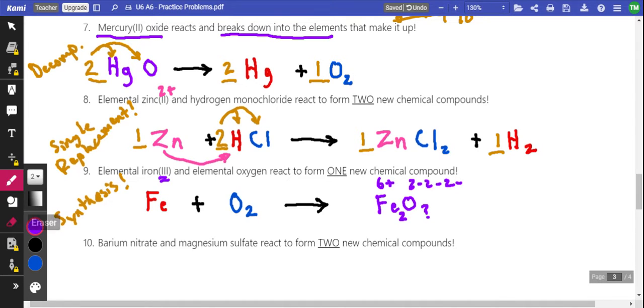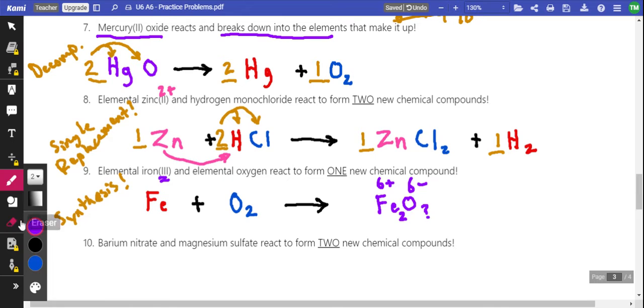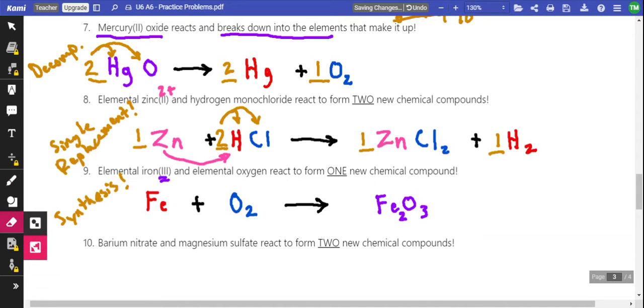That would be a -6 charge. All right, so let's do that. If I had 3 oxygens here, all that positive charge from the iron is going to cancel with all that negative charge from the oxygen. I'll have nothing left over. So my compound is Fe2O3.